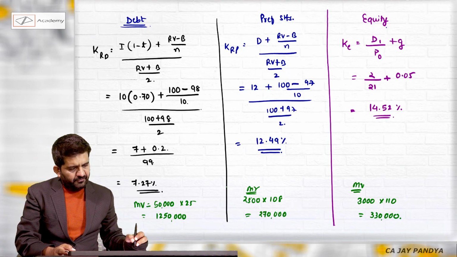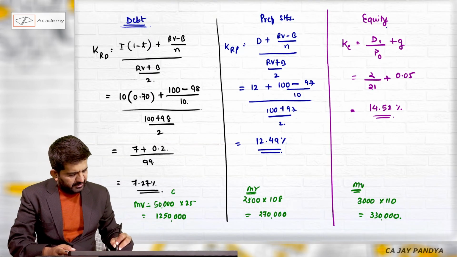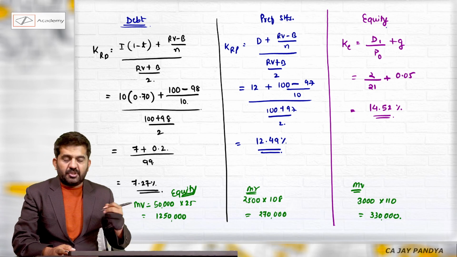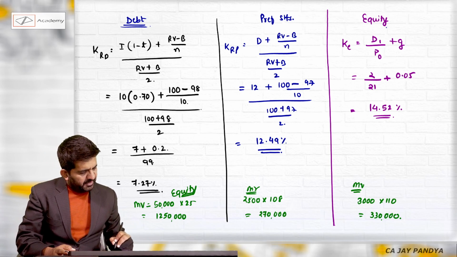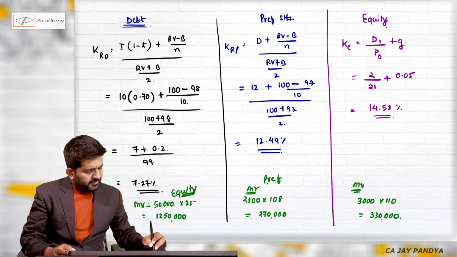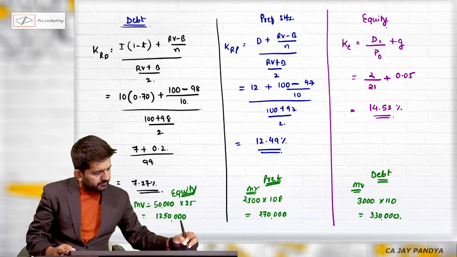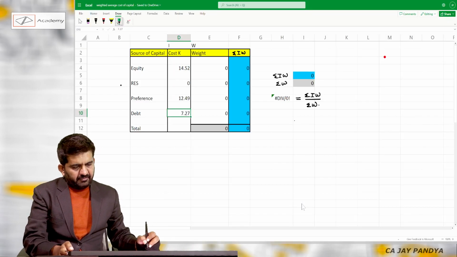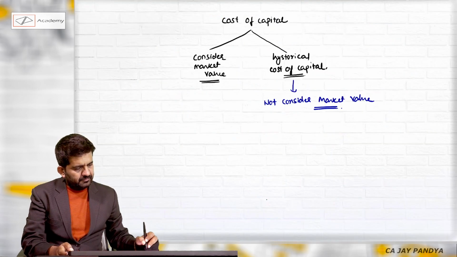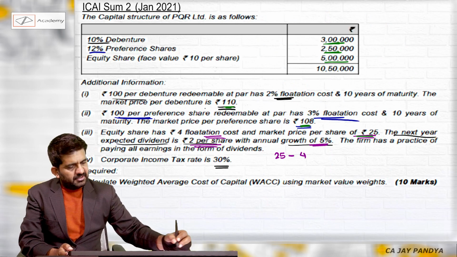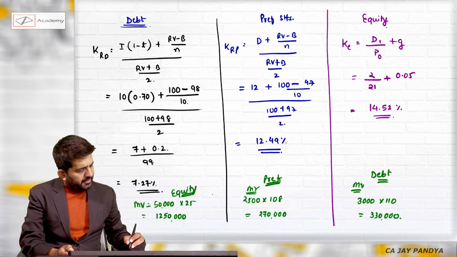Market value of... I think I have written it incorrectly. This is of equity. There are 50,000 equity shares of rupees 25. This is of preference shares. And this is of debt. Let me once again verify it. Debt is the 3,000 into 110.